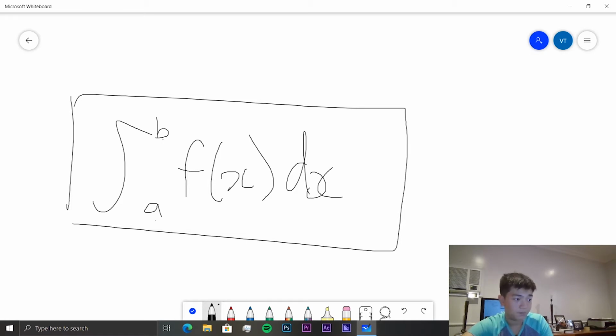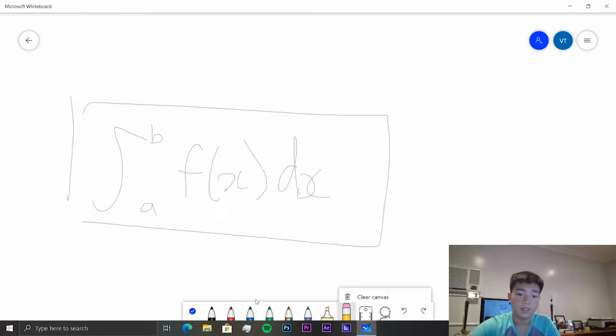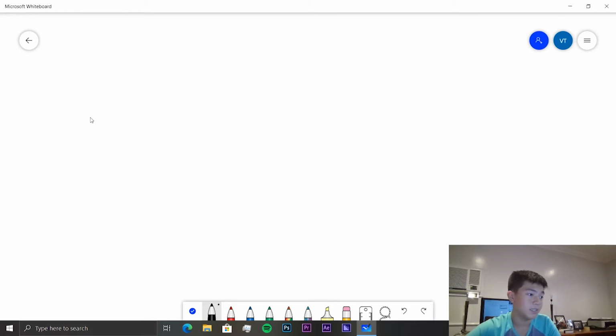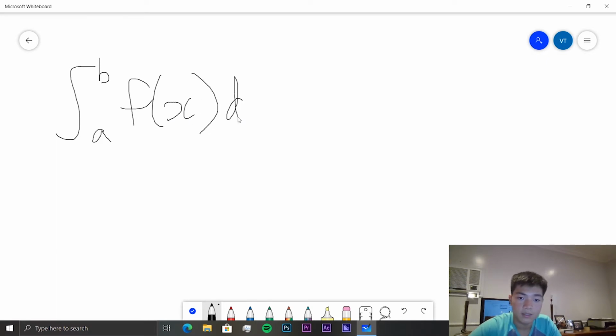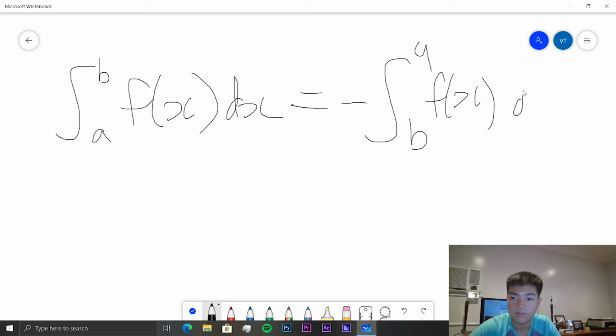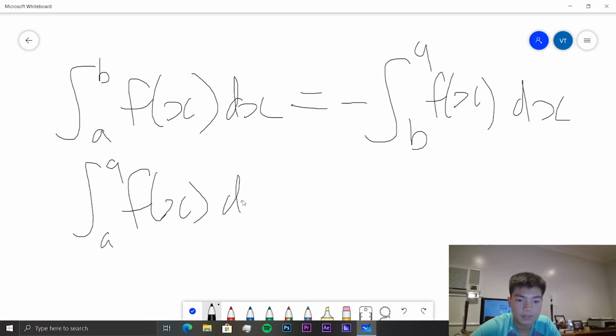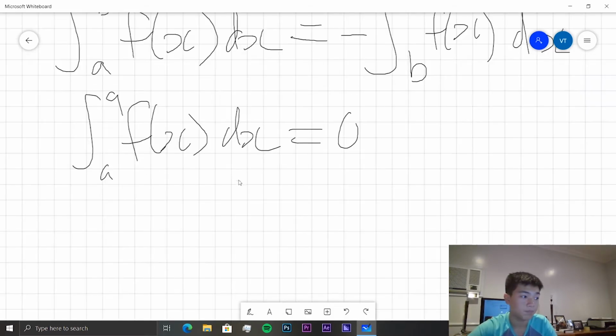It's very important. Some properties of definite integrals: first of all, if we flip the limits around, the integral is equal to the negative of the original. If we take an integral with the same point at both limits, this is equal to 0. If the two points are exactly the same, of course the area will be 0.